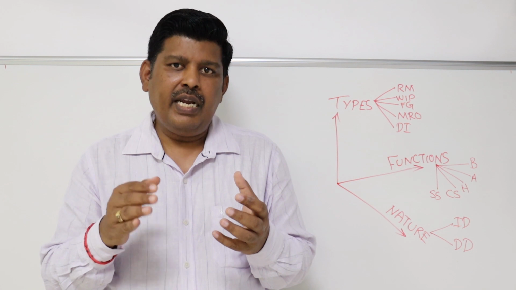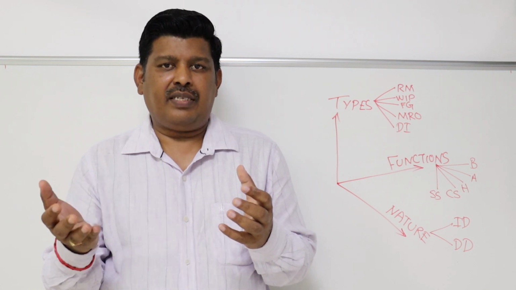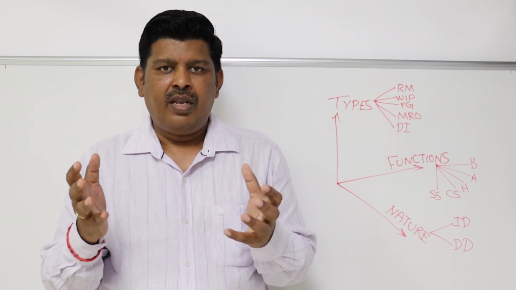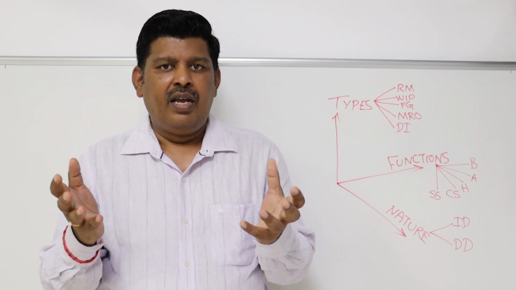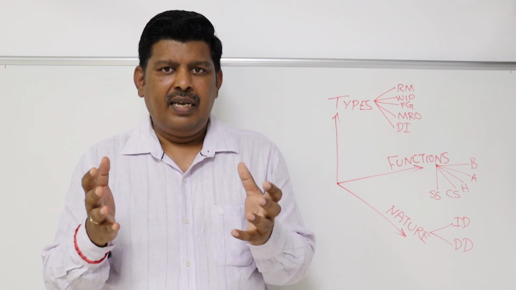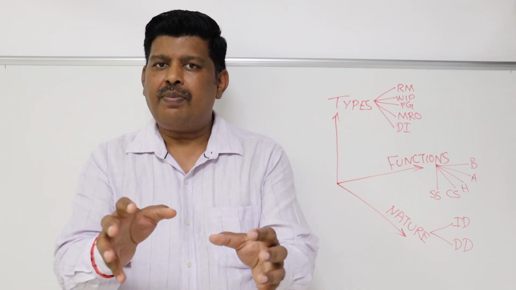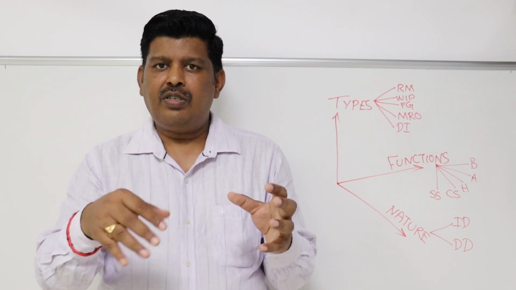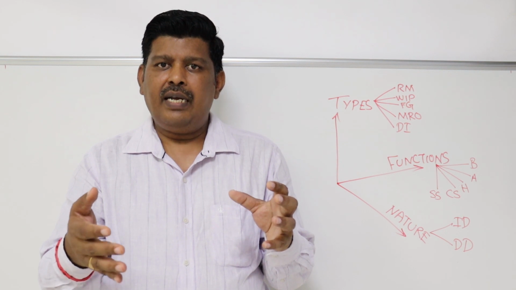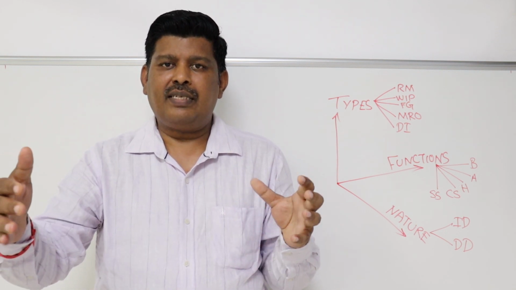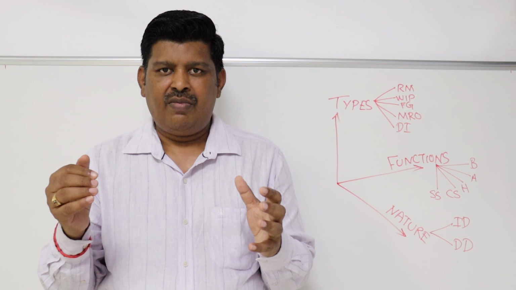And now work in progress or work in process. It is called both ways and they are one and the same. The moment you take the raw material and you do something on top of that, that becomes work in process and it continues to be work in process until it becomes the finished goods.